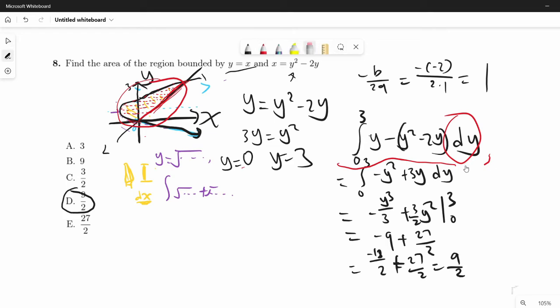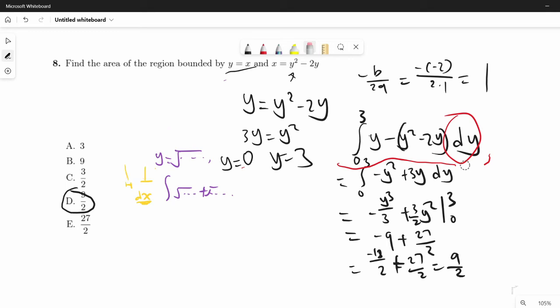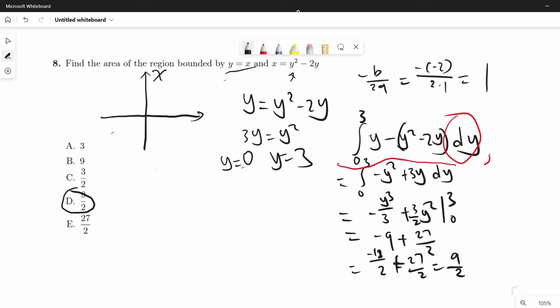Another way of thinking of this, if this is too hard, is that you can just redraw this and put the x on the vertical axis, and y on the horizontal axis, right? Y equal to x still doesn't change, like so, right?